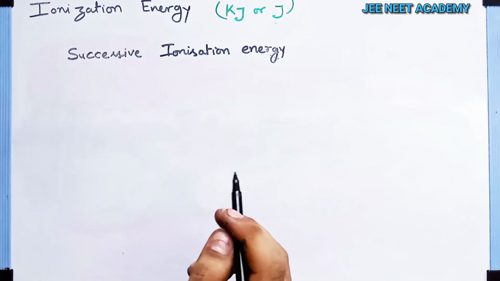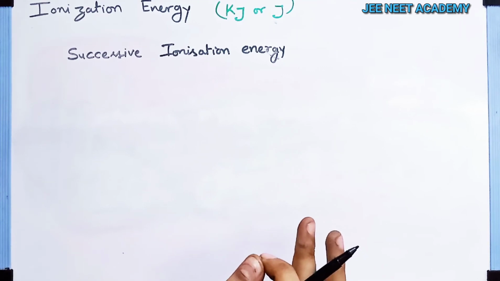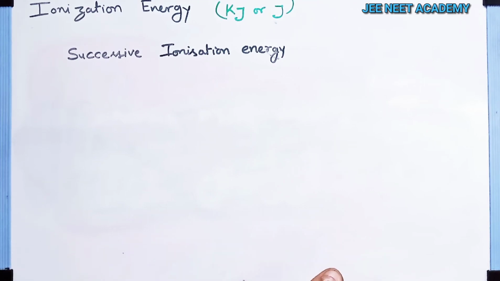Ionization energy, we know, is the amount of energy required to remove an electron from the outermost orbit of an element.